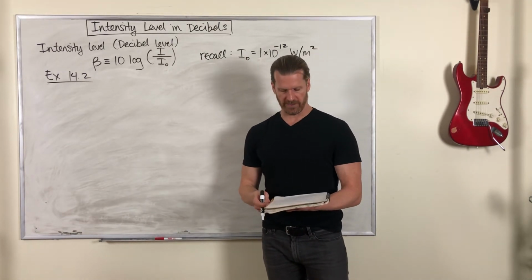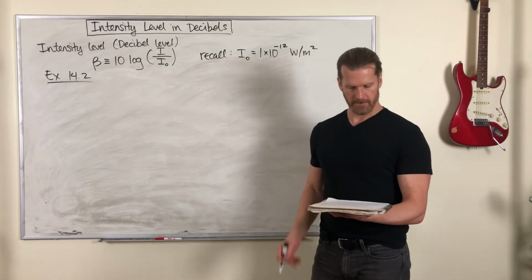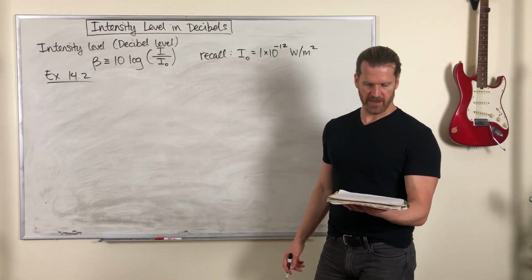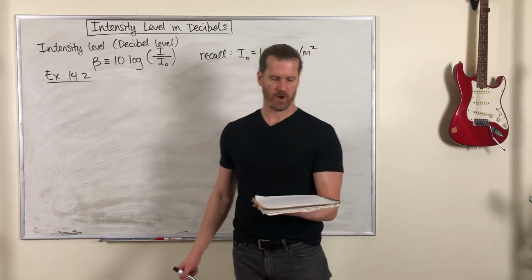So let's say you're in a work environment where there's a noisy machine that produces a sound intensity of 1 times 10 to the minus 5 watts per square meter.